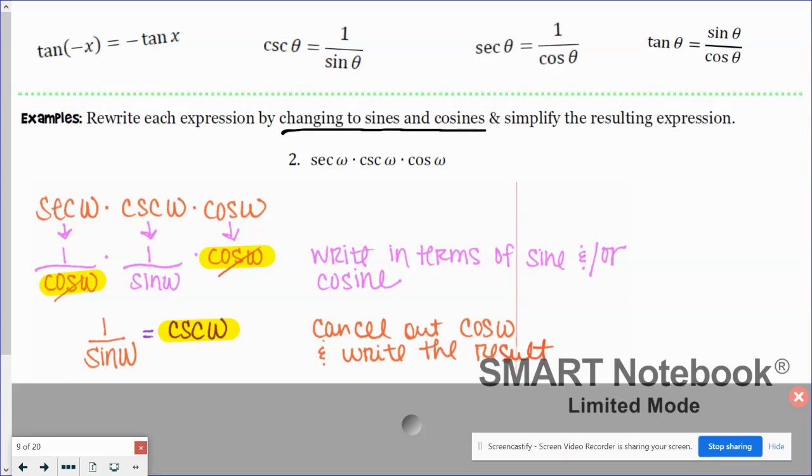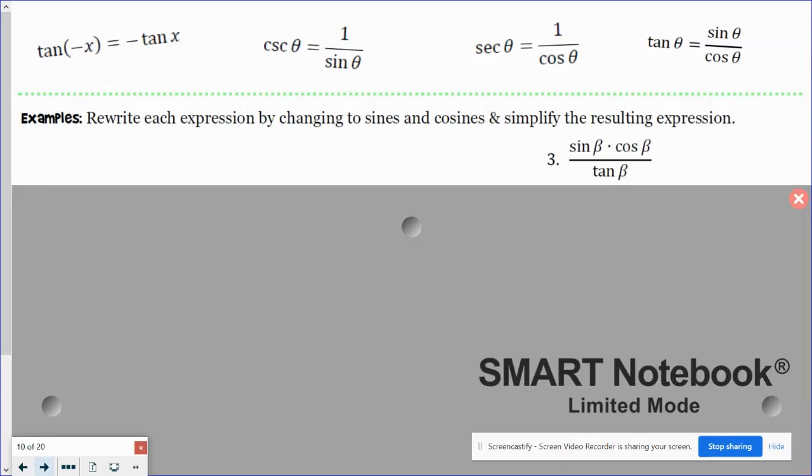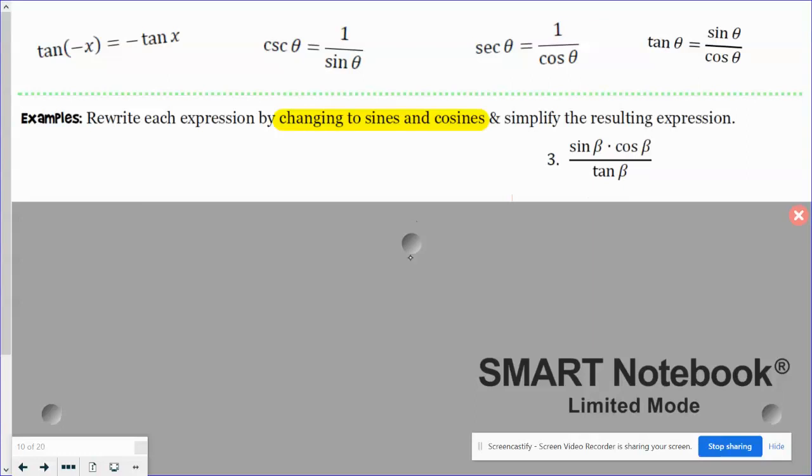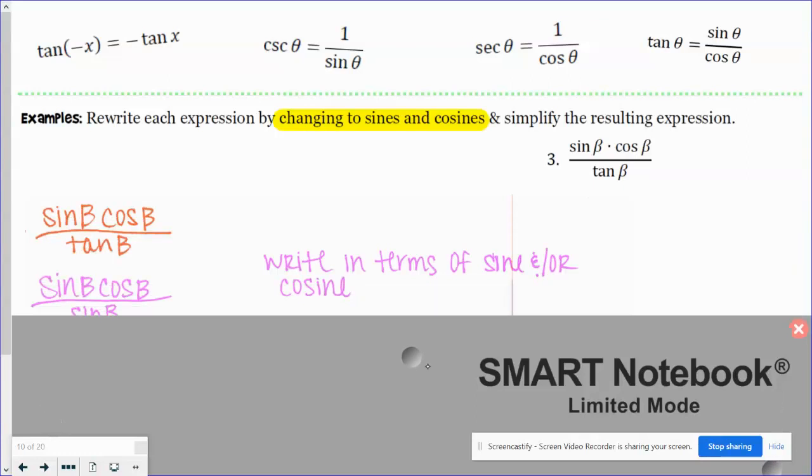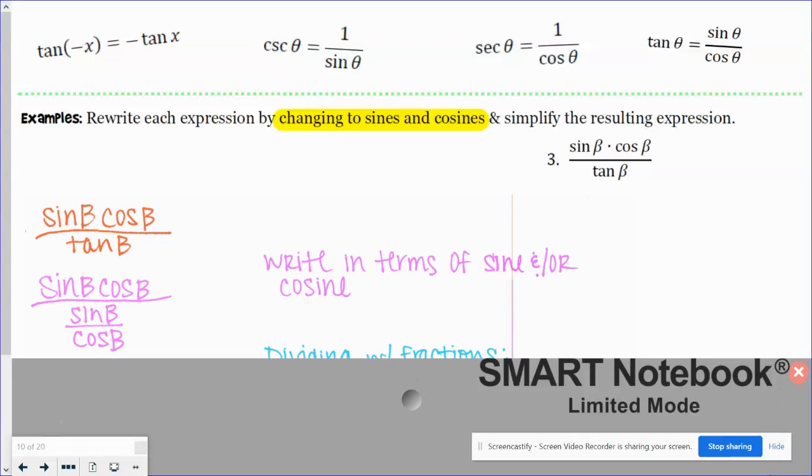Let's take a look at one more before we go making things a little bit more challenging, because this really hasn't been that bad. We are simply changing to sines and cosines. Sine and cosine aren't going to change, but I can totally change tangent into sine over cosine, because that is a very, very common thing, changing things into sine and cosine. You definitely want to use tangent as sine over cosine.